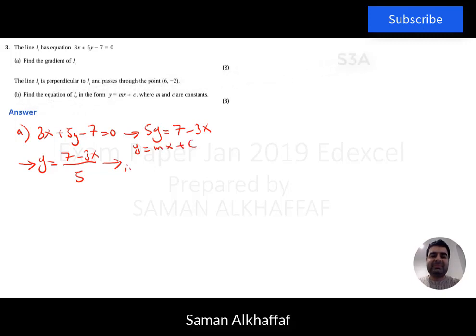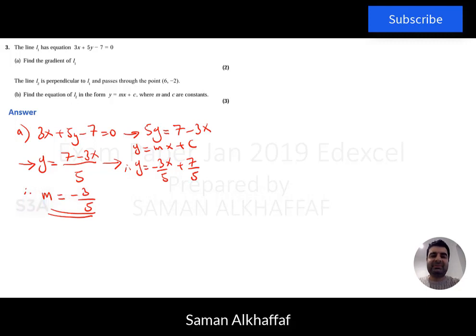So we would have y equals minus 3x over 5 plus 7 over 5. So m will be equal to minus 3 over 5, which is the gradient of the equation.